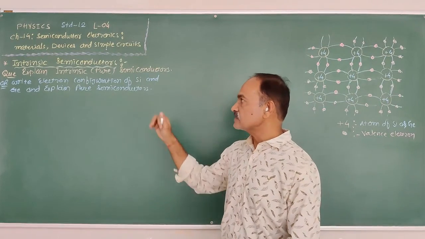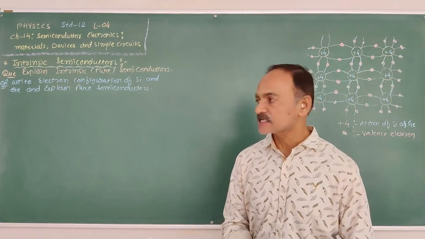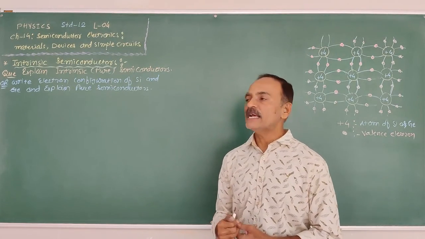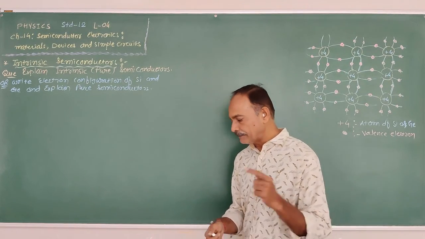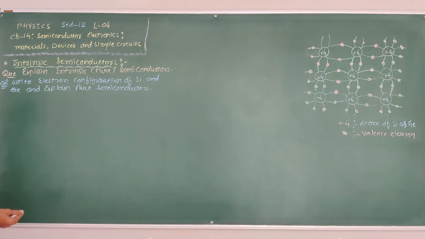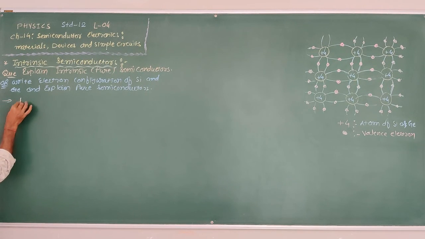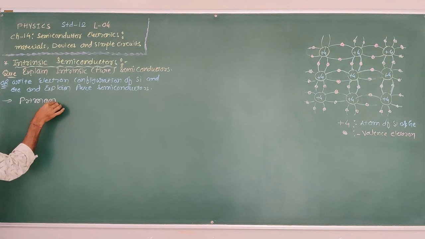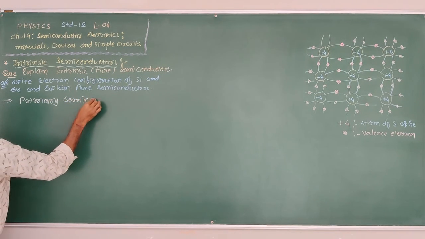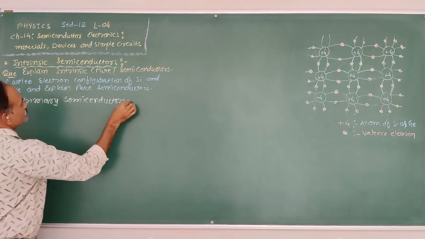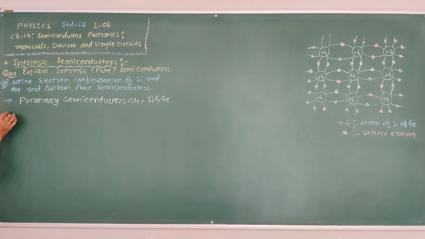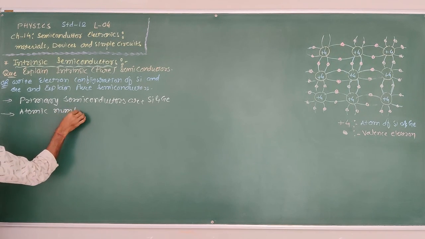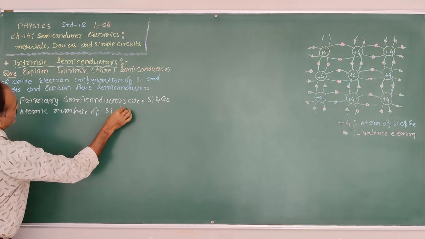A question is also asked this way: write the electron configuration for pure silicon and germanium semiconductors and explain it. For that purpose, the primary semiconductors are silicon and germanium. The atomic number of silicon is 14.